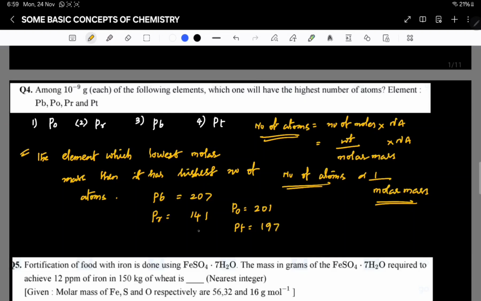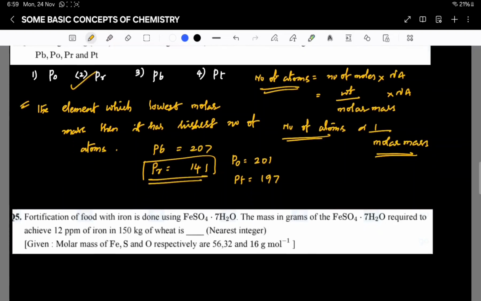So from the given all, praseodymium has the lowest molar mass, so that's why praseodymium is our answer. Simple concept, student. Number of atoms is inversely proportional to molar mass because each of the elements has the same mass. So I take the direct relation, number of atoms inversely proportional to 1 by molar mass, right?